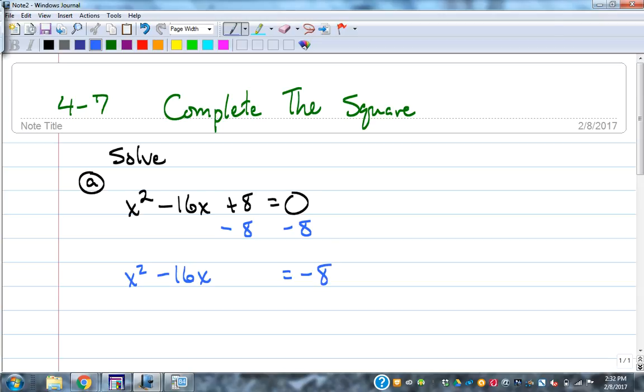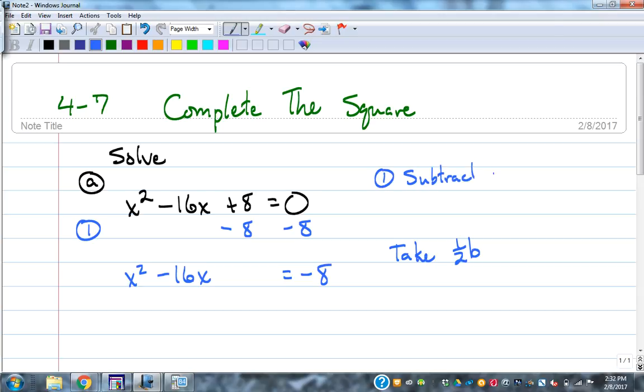All right, now the next thing I want to do, so the first step, that's number 1. Number 2 would be divide. If there's anything in front of x squared, divide by it. There's nothing in front of it this time, so we don't have to do that. After we've done that, we're going to take 1/2 of b. Okay, so step 1 is subtract the constant. That's the 8 that we subtracted there.